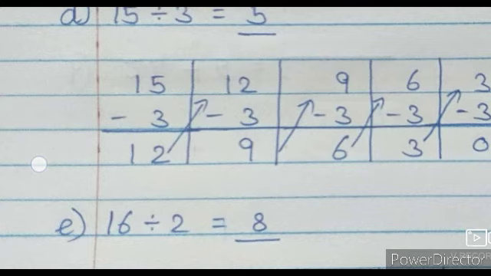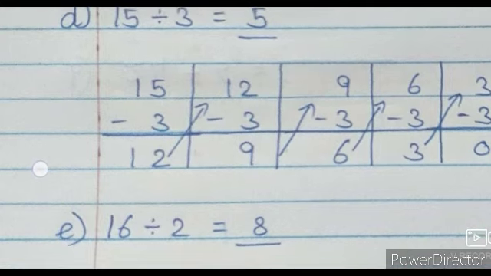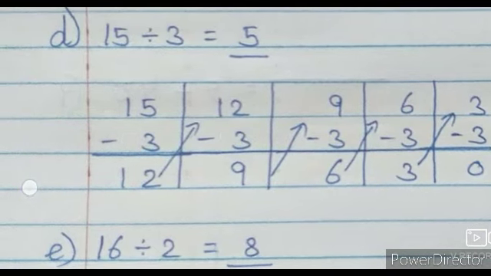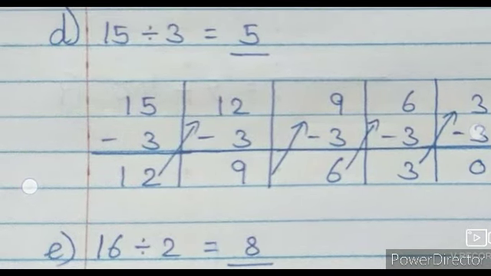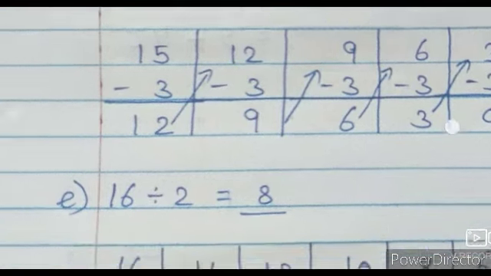Take 3 fingers before 6. 5, 4, 3. You got 3. 3 minus 3, 0. Now count how many times you subtracted this. 1, 2, 3, 4, 5. So you subtracted this 5 times. So the answer is 5.